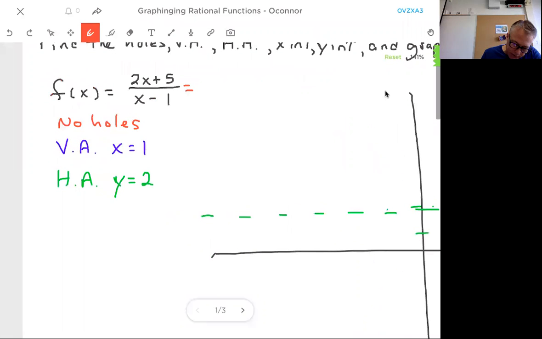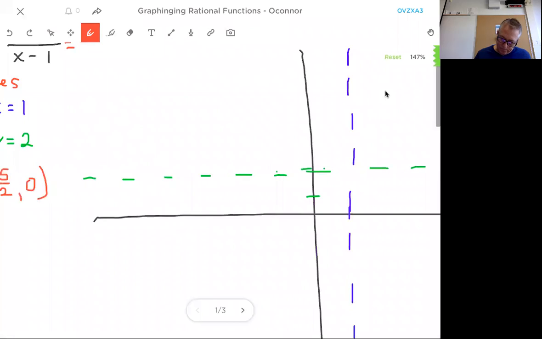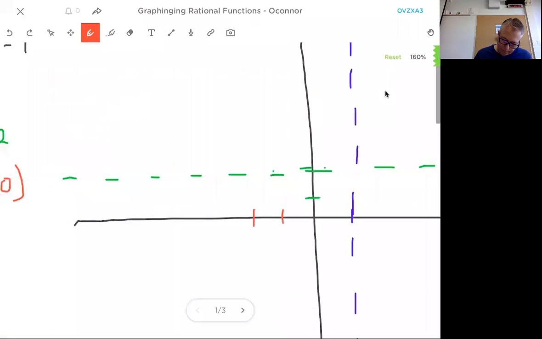That is my x-intercept. My x-intercept, my x value is at -5/2. And of course, the output is 0. The y value is 0. So at -2.5, I have an x-intercept.